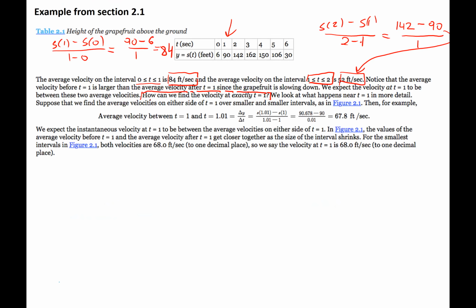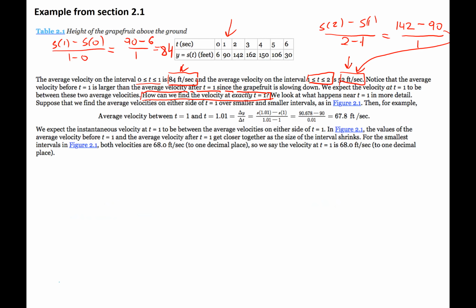And using the data that we have available, what they did, they took these two numbers, 84 and 52, because that's the average rate of change before 1 and after 1.